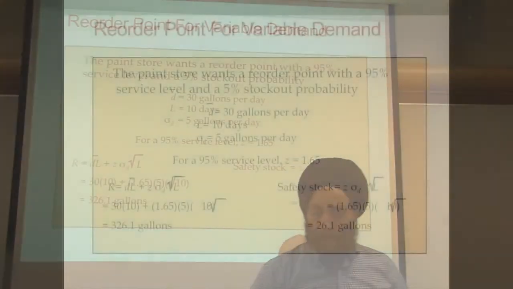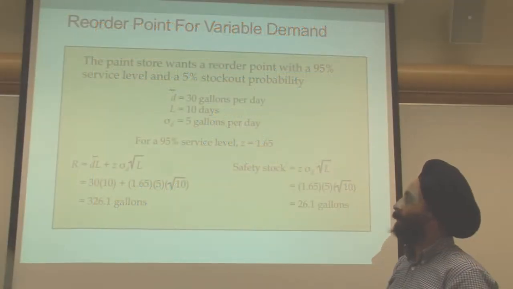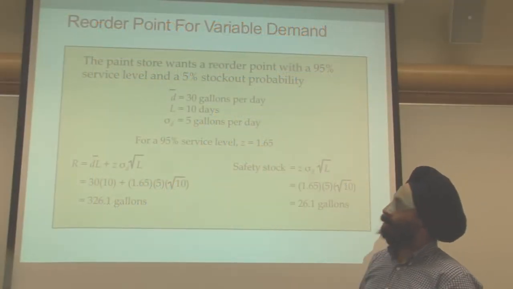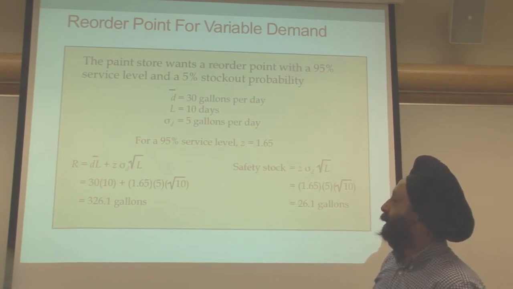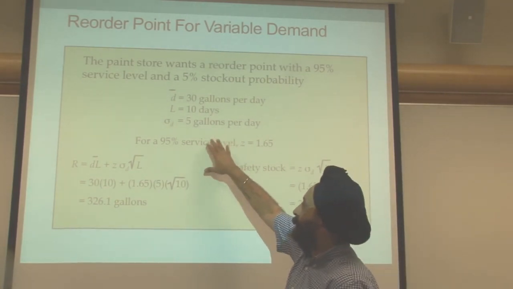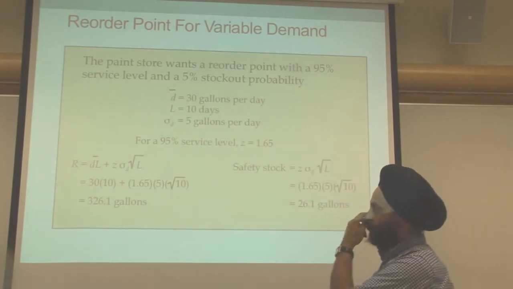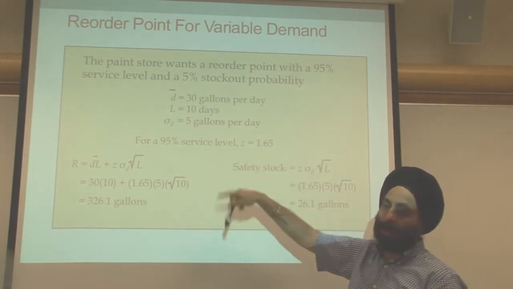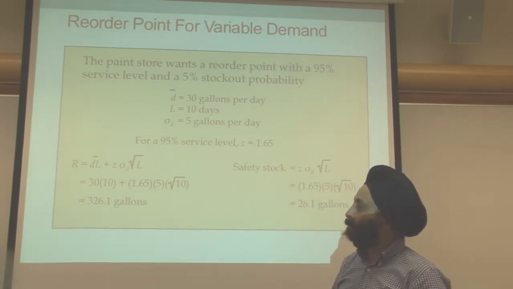So in this example, the paint store wants to find the reorder point with a 95% service level and a 5% stockout probability. Daily demand is 30 gallons per day, and lead time is 10 days. The standard deviation of daily demand is 5 gallons per day. For a 95% service level, you look at a one-tail Z test, and the Z value is 1.65.